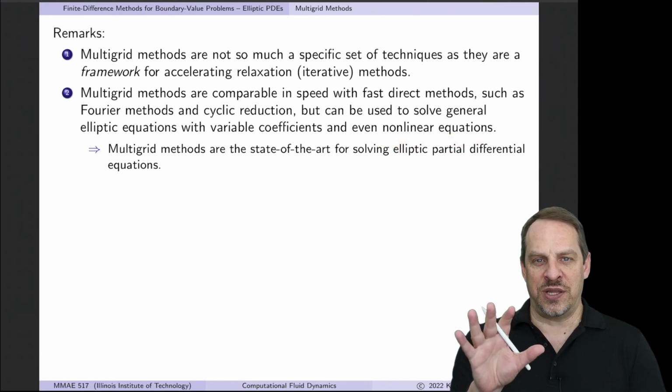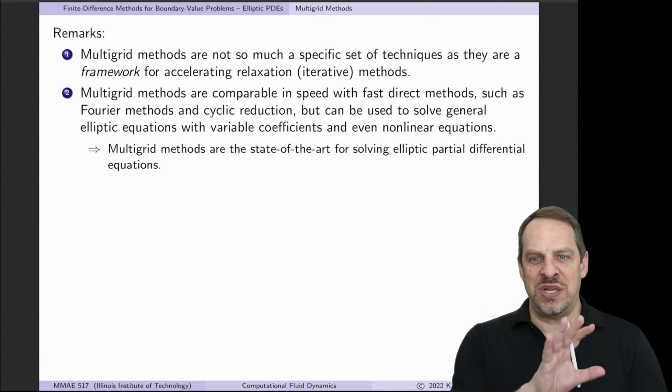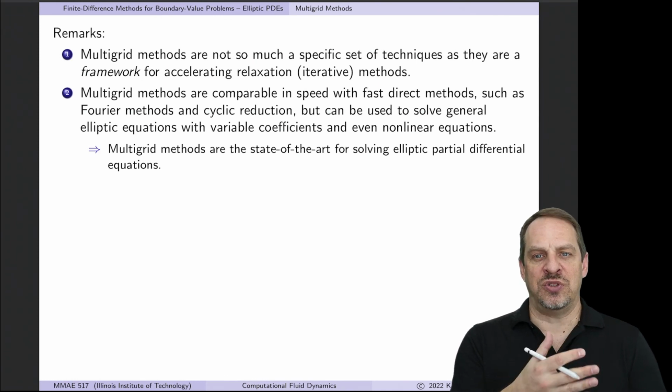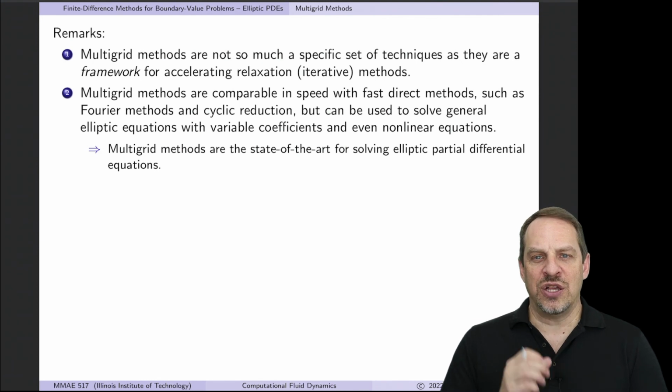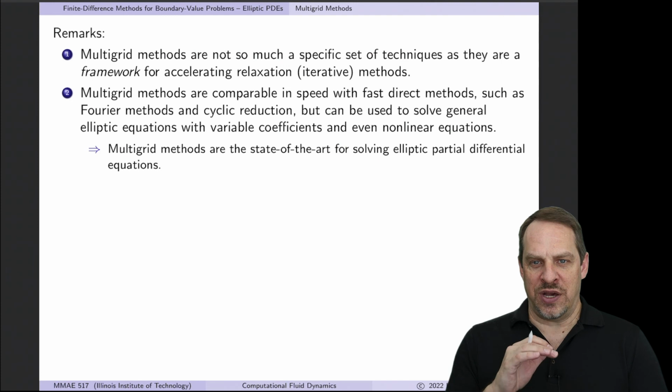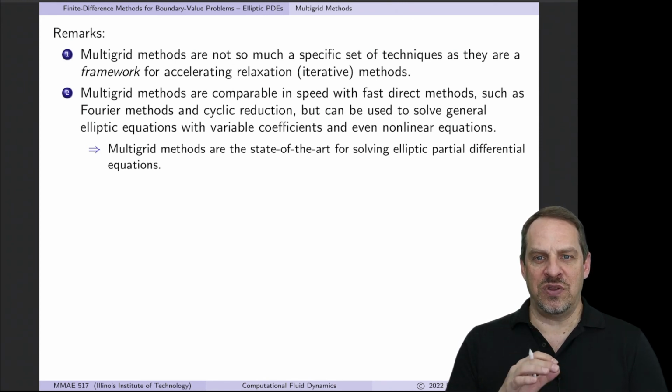So we can apply this to nonlinear PDEs and get speeds that are on par with FFTs and cyclic reduction, which we sometimes use for linear PDEs. So this is really a remarkable feat in algorithm development. Now there are some other prices to pay, which we'll address in other videos, but in the aggregate, in the net, this is the pièce de résistance. This is the state of the art for solving elliptic partial differential equations.